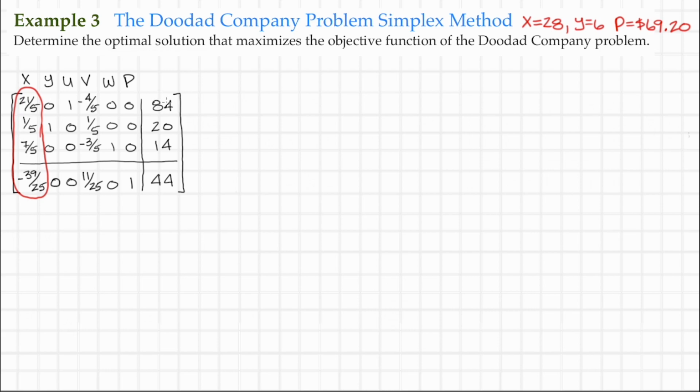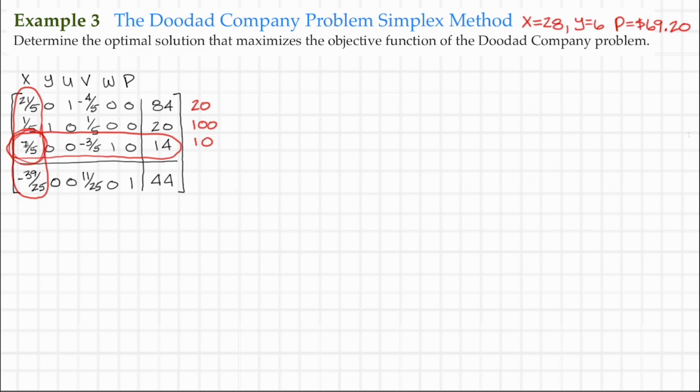So then 84 divided by 21/5 is 20. 20 divided by 1/5 is 100. 14 divided by 7/5 is 10. And of course, the value with the lowest ratio becomes our pivot row. So that's this one right here, where the two overlap. That becomes our pivot element.